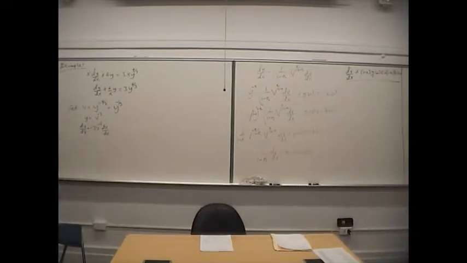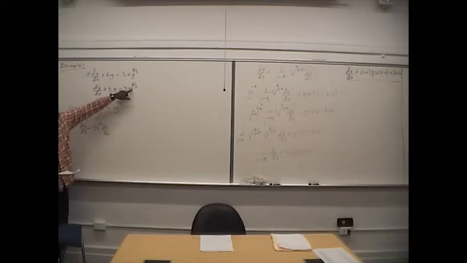You don't have to memorize anything, you just have to remember your substitution. And you don't even have to memorize the substitution, just divide through by this term here and the substitution will come out.